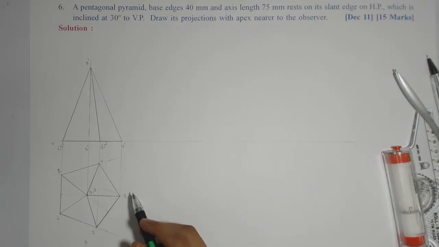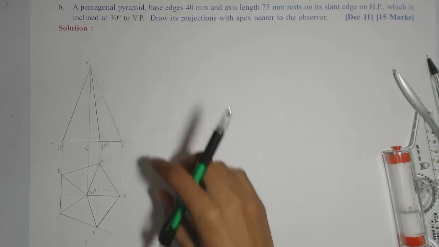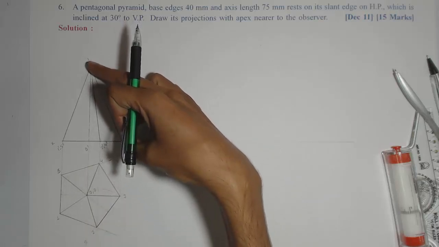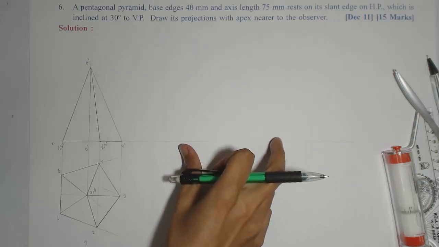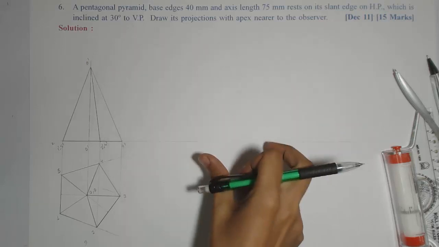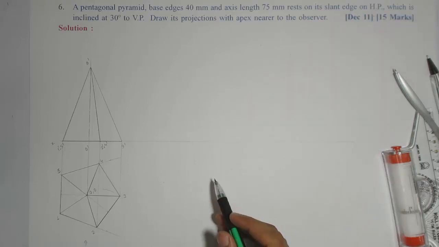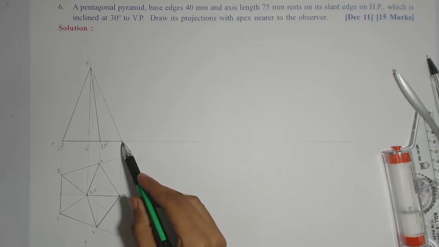So the slant edge which we need to keep in HP is this edge 3 dash O dash. So for redrawing the front view, I should redraw this with this slant edge 3 dash O dash entirely lying on XY. Then only that slant edge will be in the HP. Okay. So in previous problems we kept only one of the base edge on the HP, but here now we are getting only one corner.